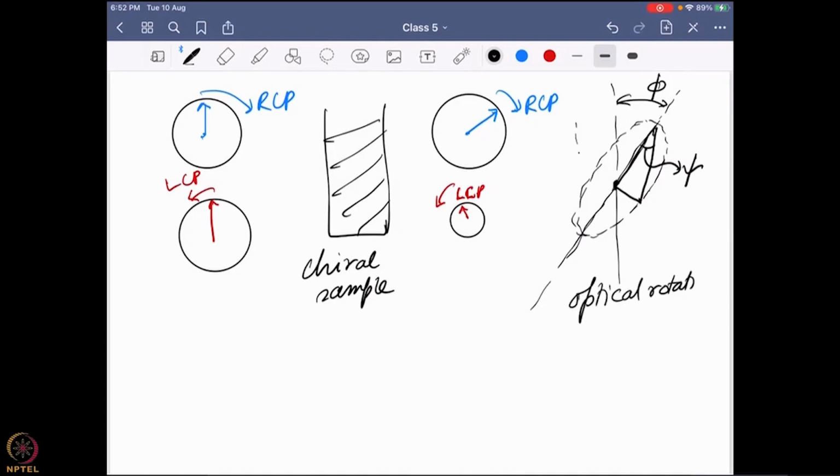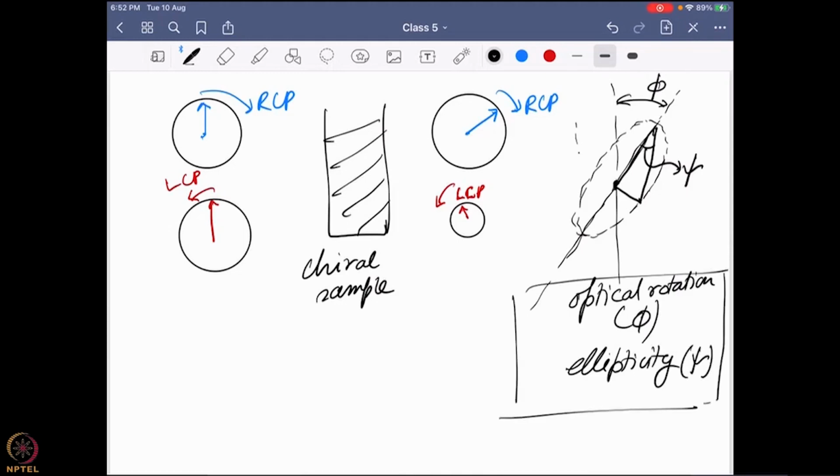Optical rotation phi and ellipticity psi. Okay, so that is one of the main reasons why a chiral molecule actually rotates the plane polarized light. And today we learned about circularly polarized light, and we also learned it can not only rotate but also show an ellipse by creating a difference in the absorbance.